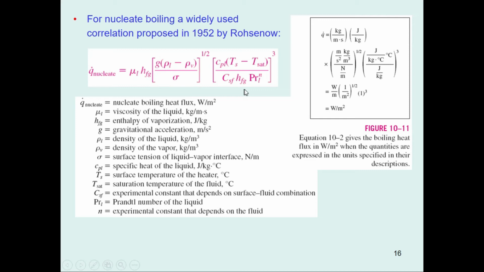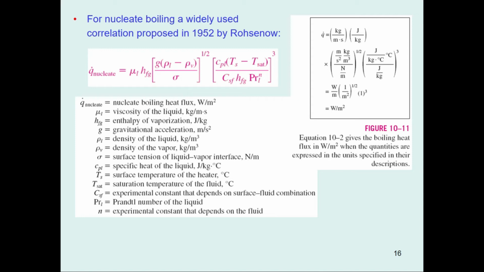This is the relationship that you are going to use if you are asked to calculate the heat flux in nucleate boiling. In this correlation everything is given here, and it is very simple and easy, but there is no need to memorize this lengthy formula. You will not be able to memorize this for the exam, but you need to understand that this is the formula that can be used for the determination of the heat transfer rate or the heat flux in the nucleate boiling region.